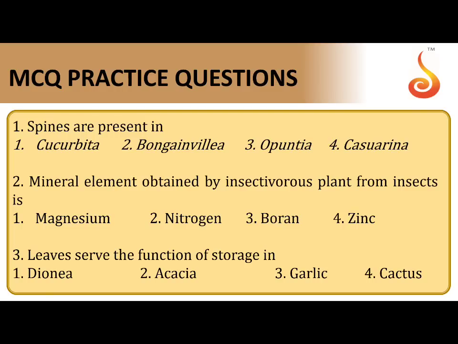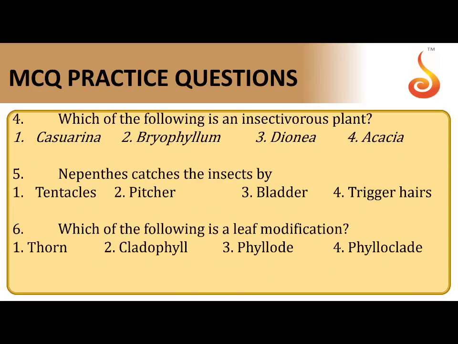Leaf serves the function of storage in Dionaea, acacia, garlic or cactus. Next question, which of the following is an insectivorous plant? Casuarina, Bryophyllum, Dionaea or acacia? Question 5, Nepenthes catches the insect by tentacles, pitchers, bladder, trigger hair.